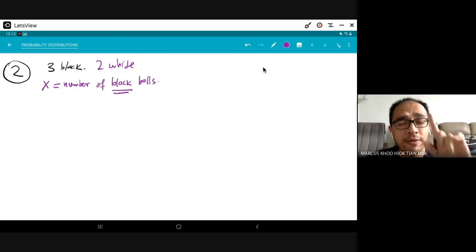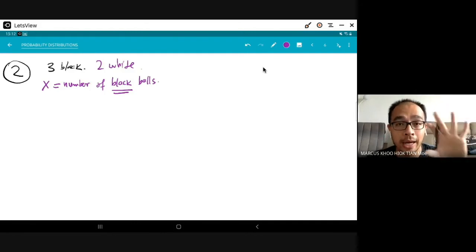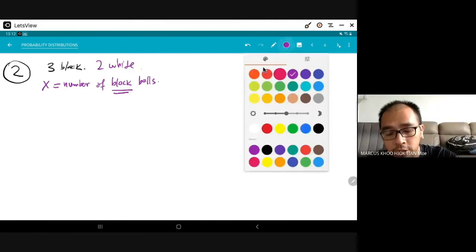Listen carefully: without replacement means you do not put it back. So the first time you take a ball, how many are there? There are 5 balls. Then you put that ball aside. The second time you take a ball, how many balls are left in the box? Only 4. So the probability is a little bit different. Now, let's try to build the tree diagram.